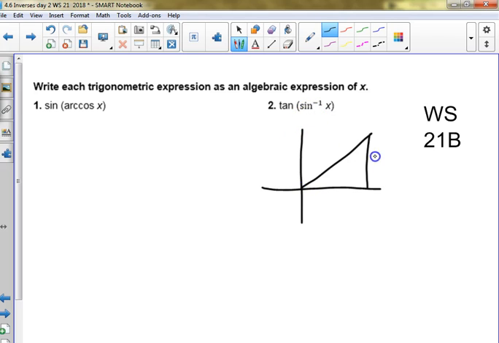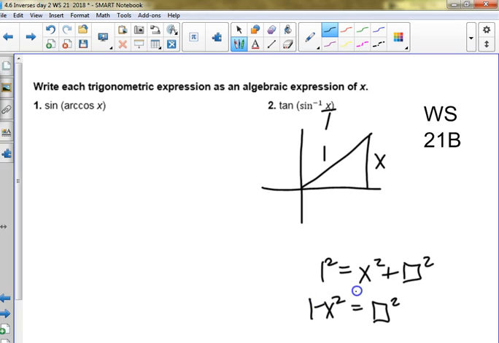A little bit, right? Sine x over 1. Okay. So hypotenuse squared equals leg squared plus mystery leg squared. If I subtract this and square root, I get this, right? Now what's the tangent?